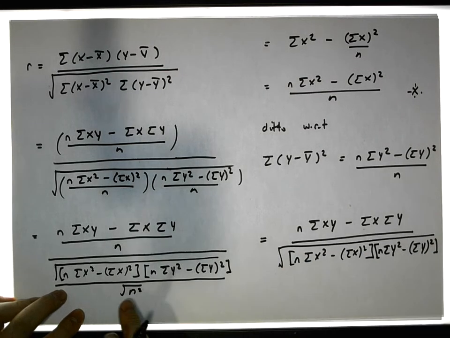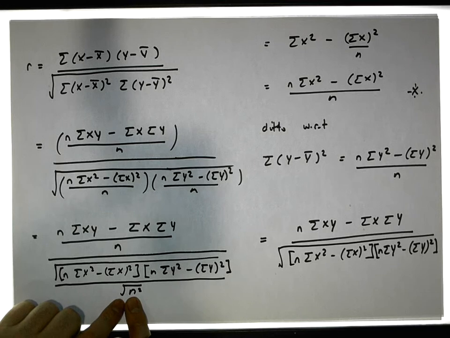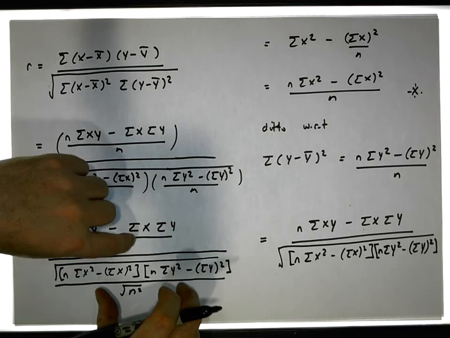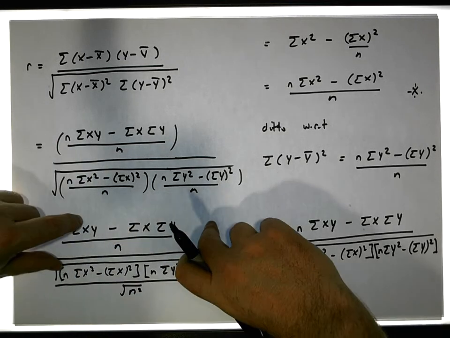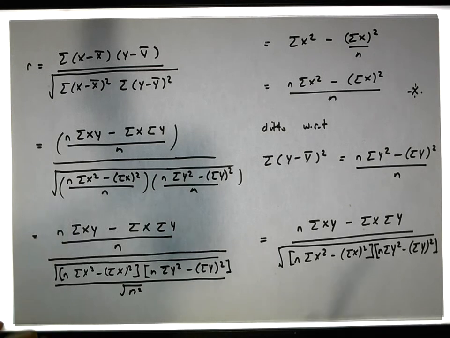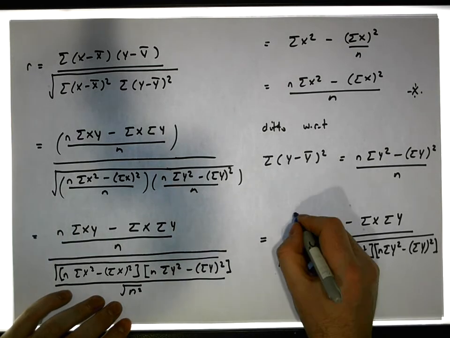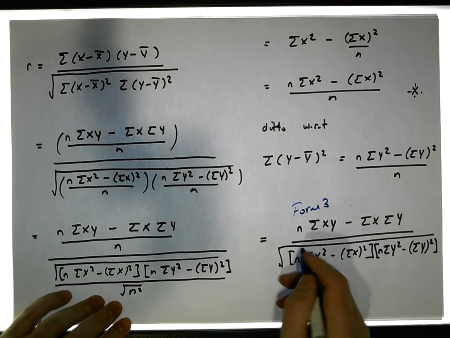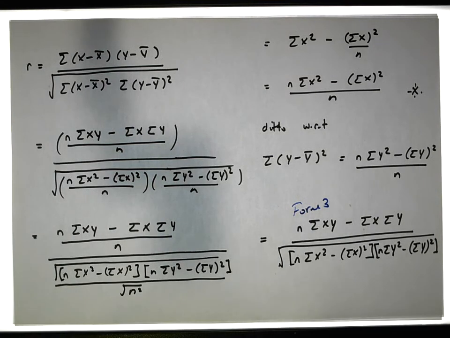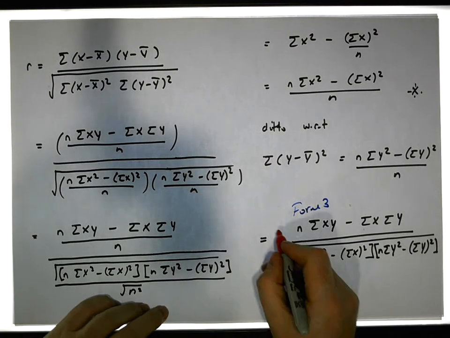The square root of n squared is n, and we have an n here. When we invert this fraction, our n's cancel out, which gives us the next form of our equation. This is form 3, where we wanted to get to.